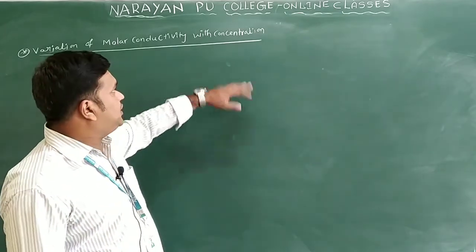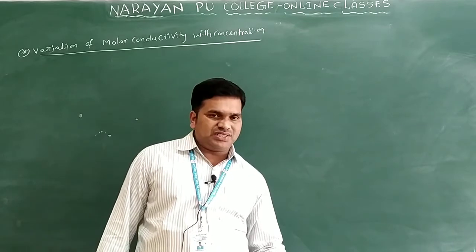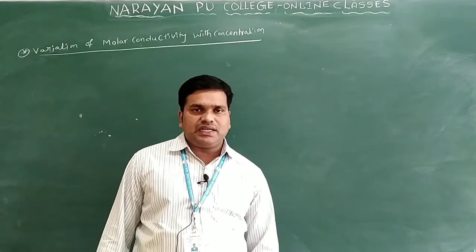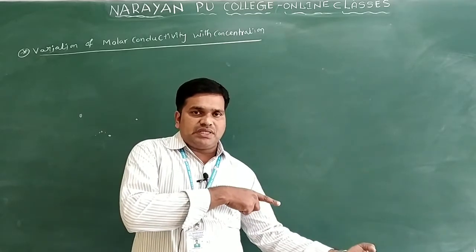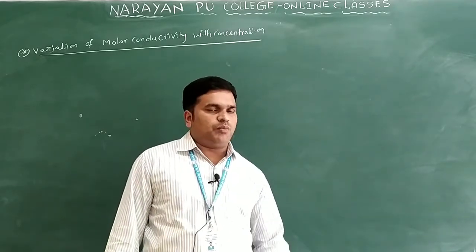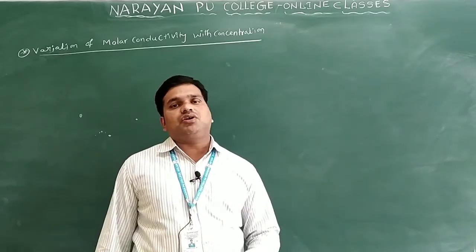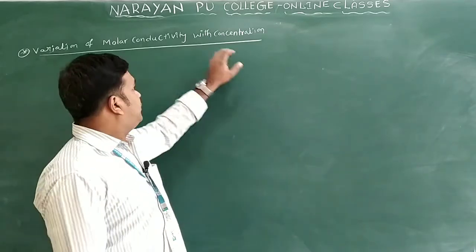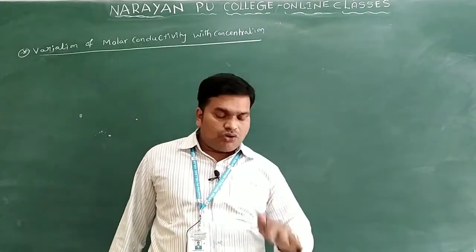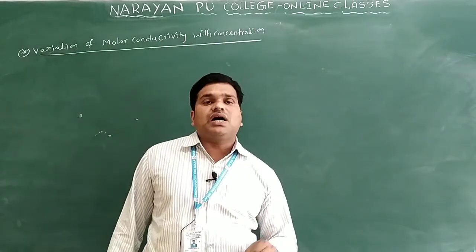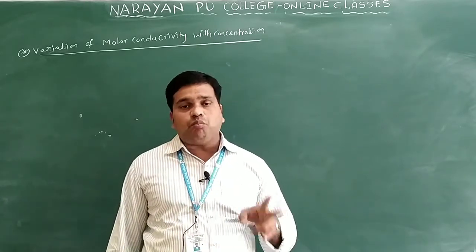Generally, the relation between concentration and molar conductivity is that if the concentration decreases, molar conductivity increases only. We discussed that previously with dilution. Upon dilution, concentration decreases, and if the concentration decreases, molar conductivity increases only.